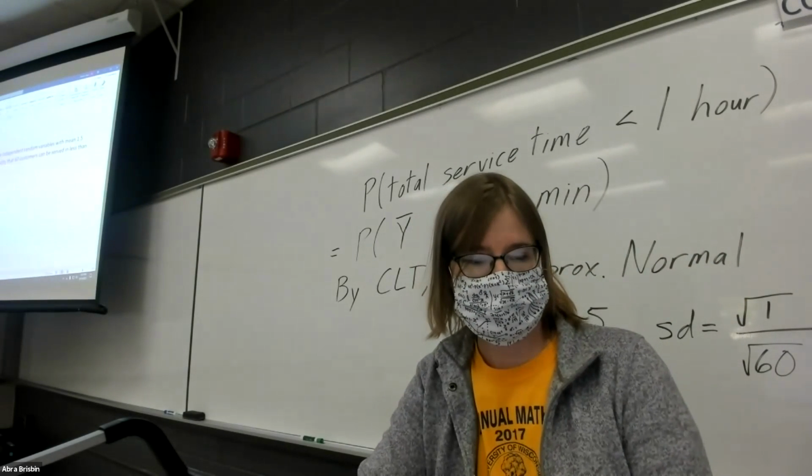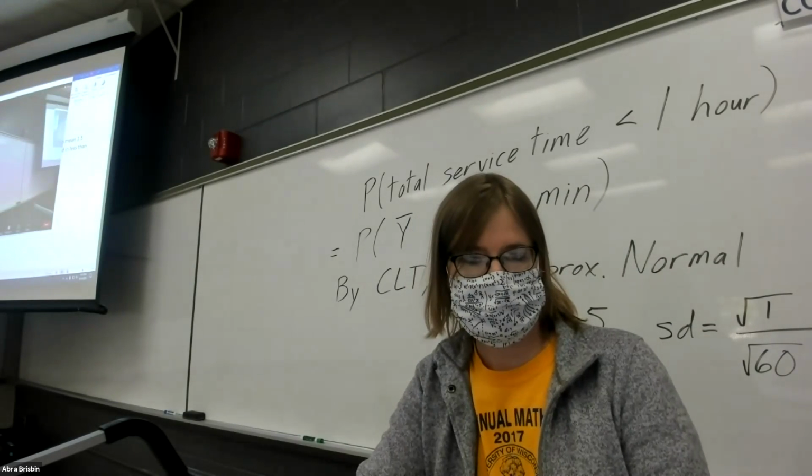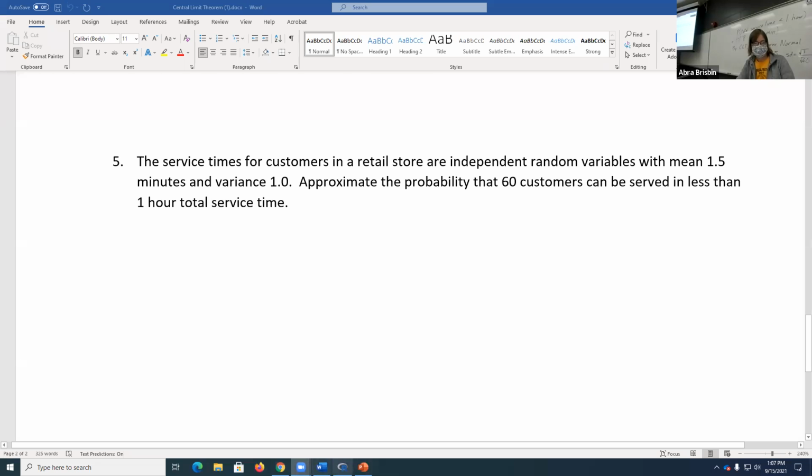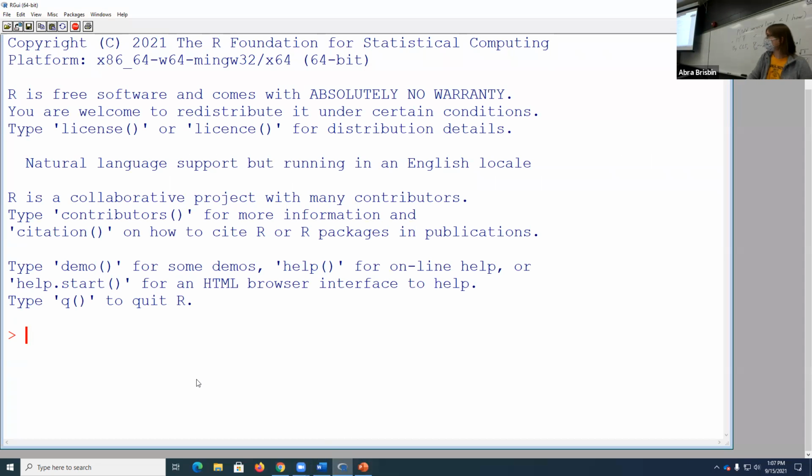So we can then switch over to R, share my screen again, and use pnorm to find the probability of something under the normal distribution curve.